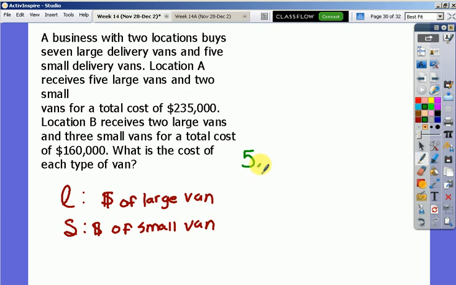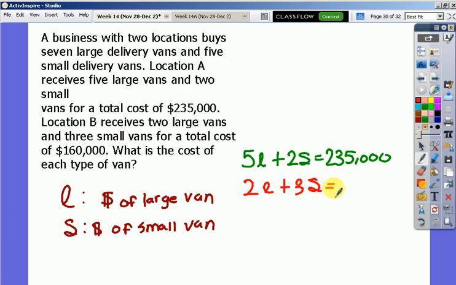Right. 5L plus 2S equals $235,000. Now, let's set up our equation for location B. 2L plus 3S equals 160,000.